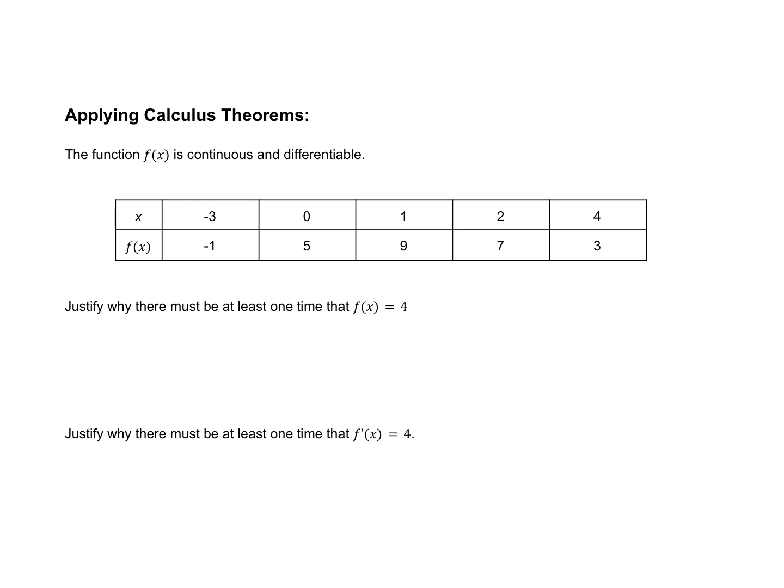Because f of negative 3 equals negative 1, and f of 0 equals 5, and 4 falls in between that interval. Yes, okay, so that's one thing you can do.